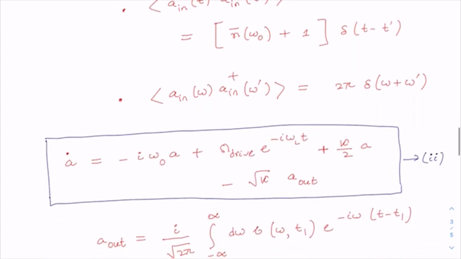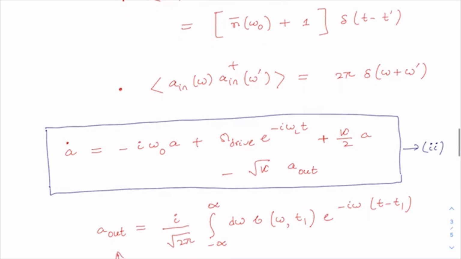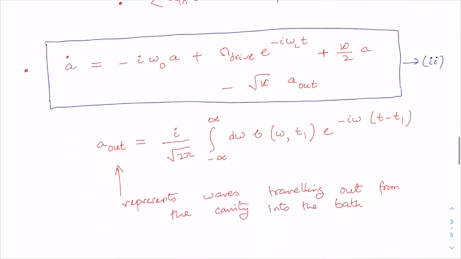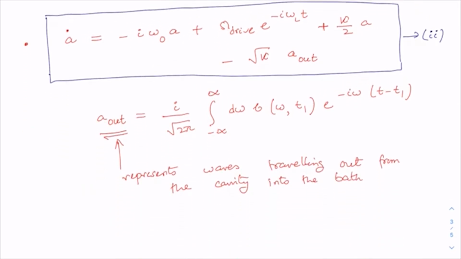Then we also got a solution for the Bath mode going from a final time t1 to some instant of time t, that is, we went in the backward direction, and that resulted in this Heisenberg equation of motion for the optical mode. Here this quantity A out represents waves traveling out from the cavity into the bath.